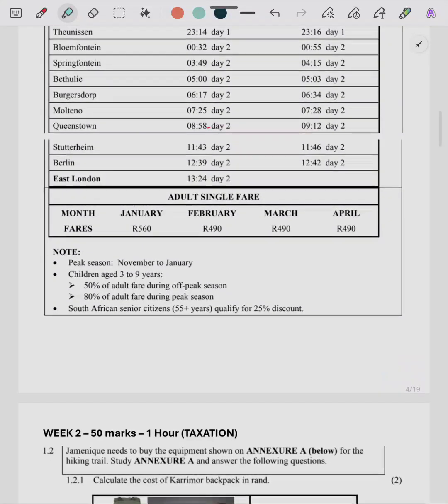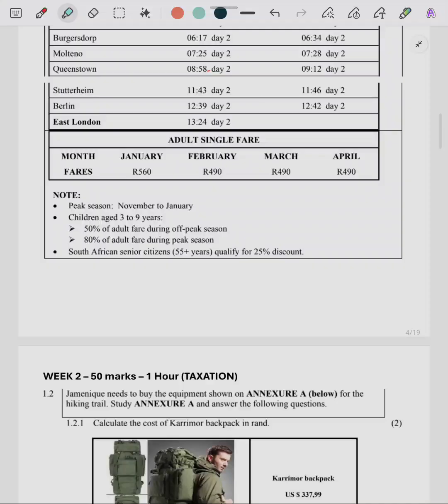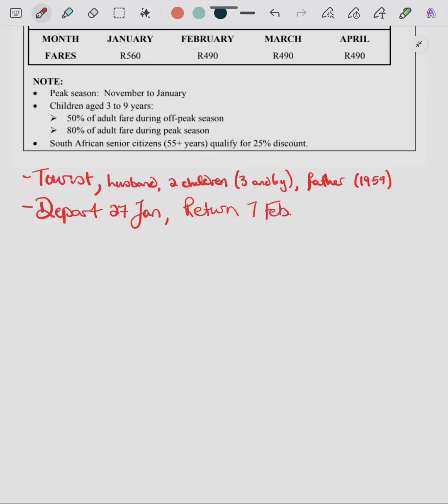So at the bottom of the table over here, we had the fares. I'm just going to put this on a new page. Alright, so we need to now calculate the fees. It's a little bit of a trick question here because they say return trip, but the start of the trip is in January, and here's our January price, and then the return part is in February, and we have a different February price.